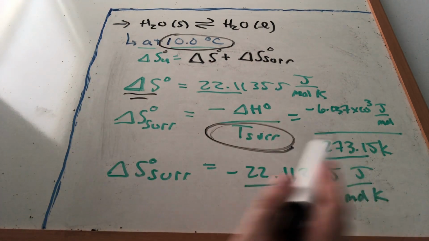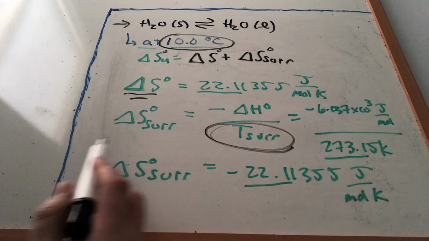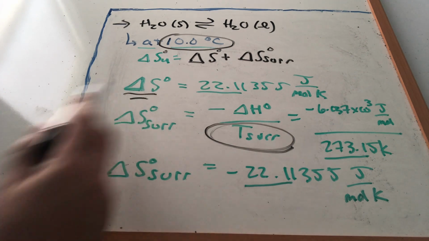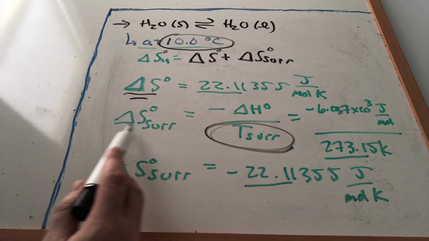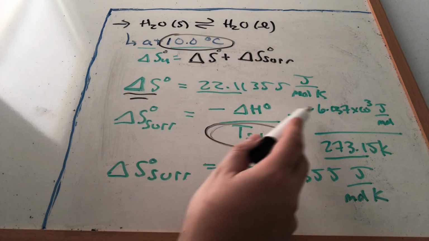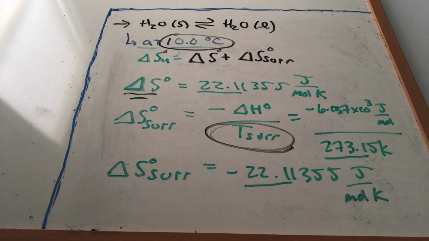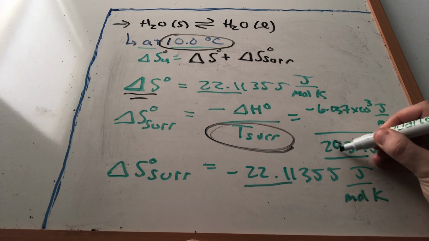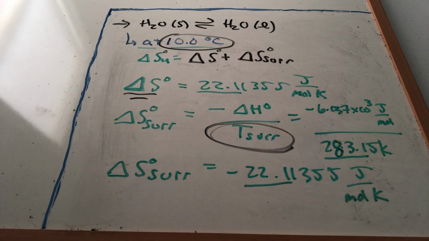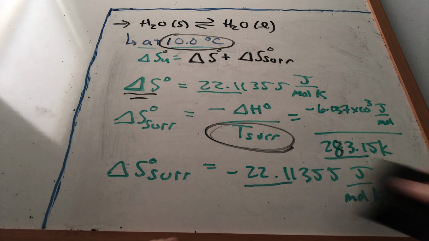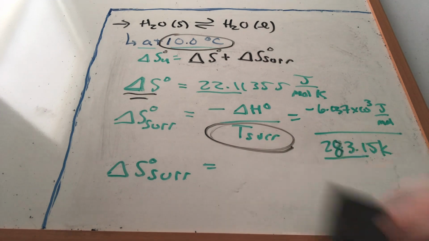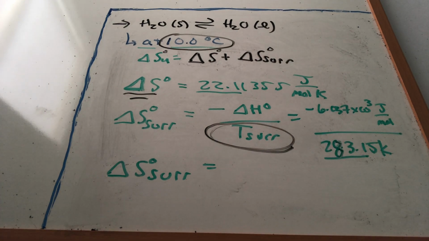So you go to set up all your same math, using the equations that we used, the H over T. H over T doesn't change for the system, but H over T does change for the surroundings. I remember my negative sign, but now down here, this is 283.15 Kelvin. I do that math now, and I don't get a number that's equal and opposite the system number.